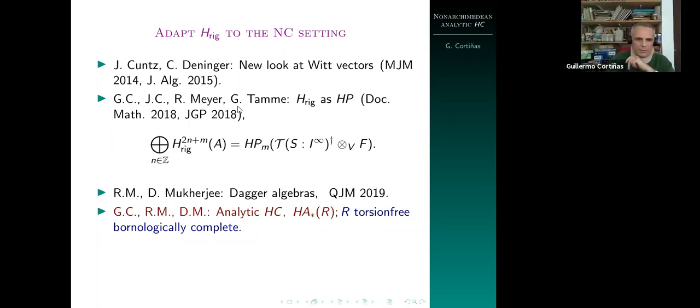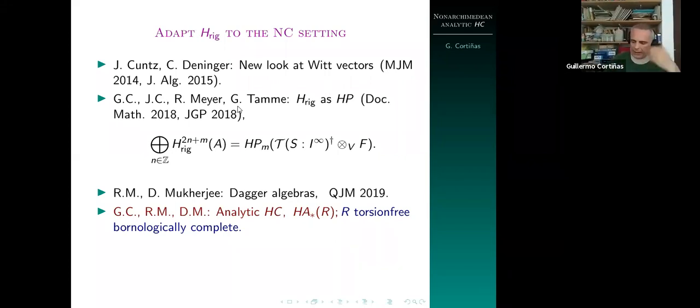And so what we do in this paper is the non-commutative de Rham theory for the nice ones, the torsion-free bornologically complete ones, where nicety here means torsion-free.